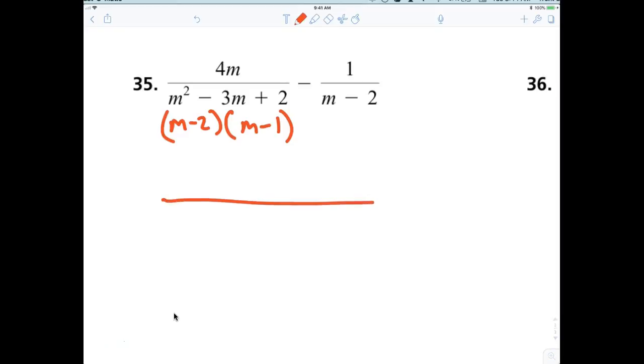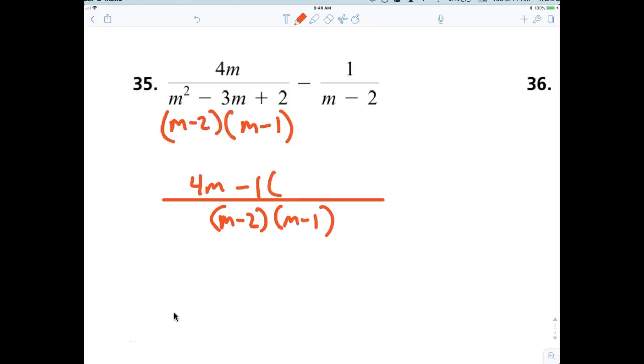All right, so let's talk about it real quick. The common denominator is m minus 2 and m minus 1. And then I'm going to multiply the first fraction just by what? 1. So nothing changes. Did I agree? It's going to be 4m minus 1 times m minus 1.